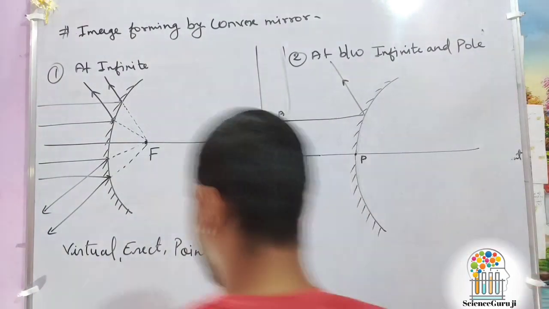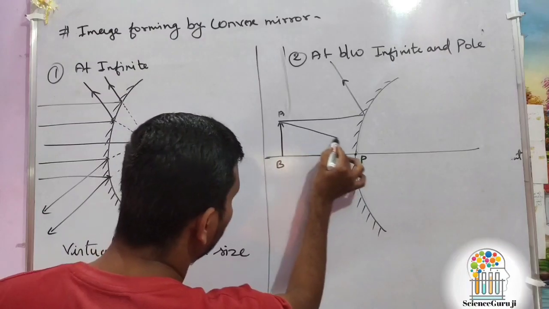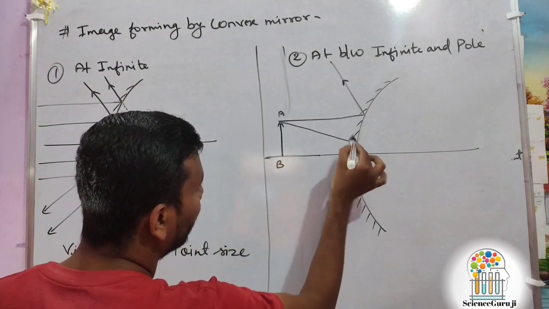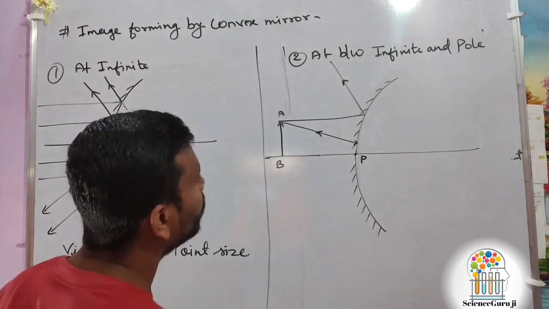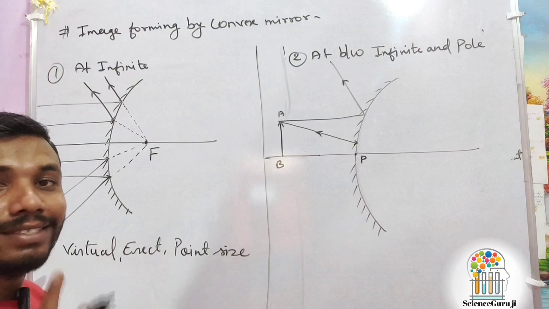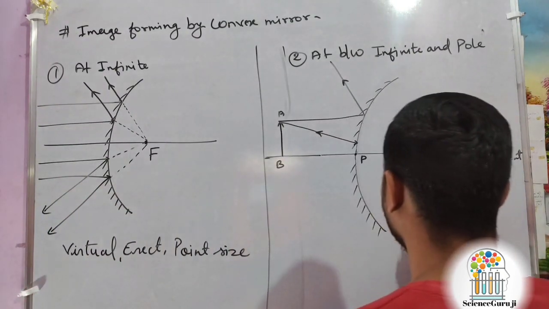One more light beam strikes the surface, and this light again goes back in the same direction.